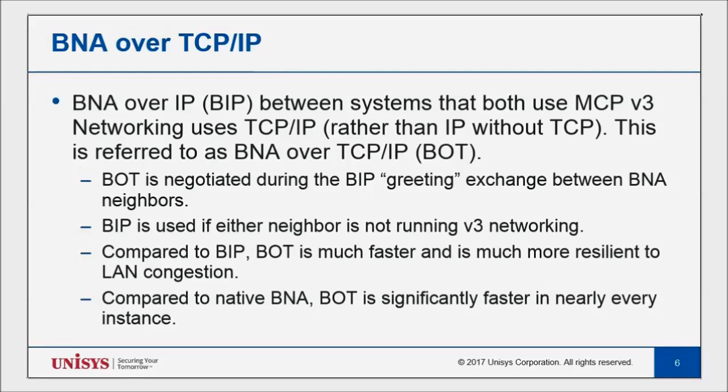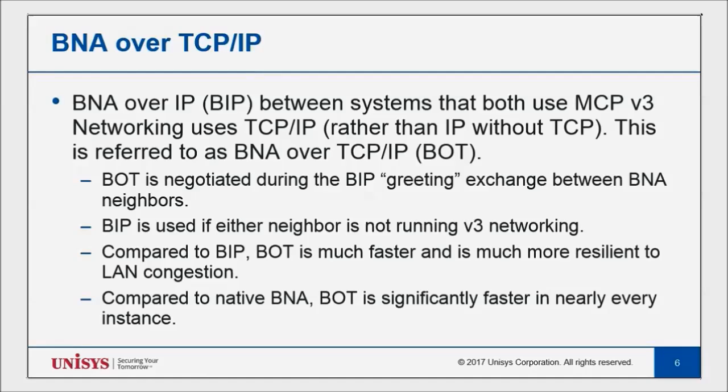In both these cases, the data goes basically from the BNA library in the MCP all the way out to the network and then into the receiving system and through the network stack up to BNA support, one LAN segment at a time. So that really limits the performance.